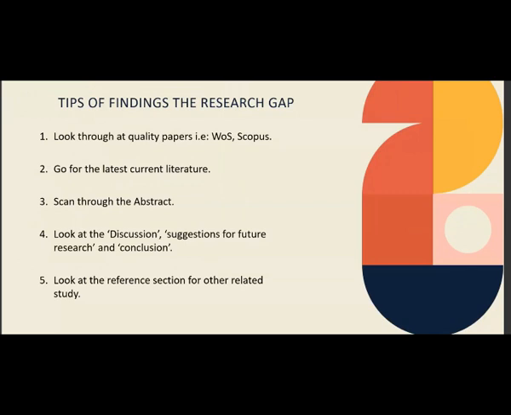So one of the tips that you can do to find this research gap from the literature: you go through a quality paper. For example, papers published in Web of Science, ISI, and also Scopus.